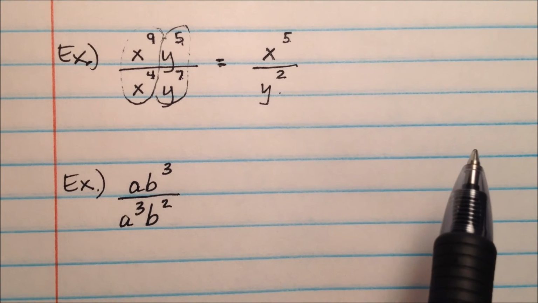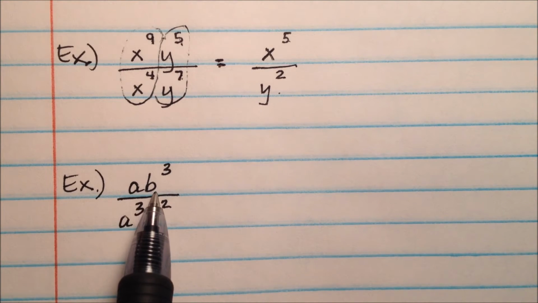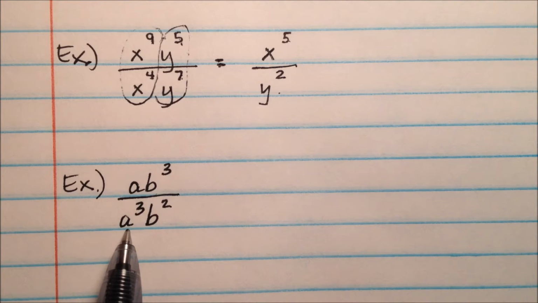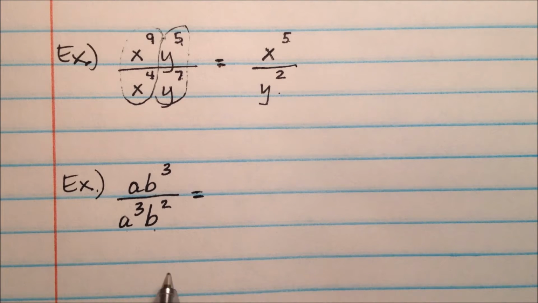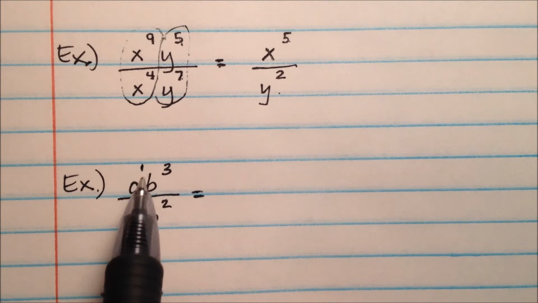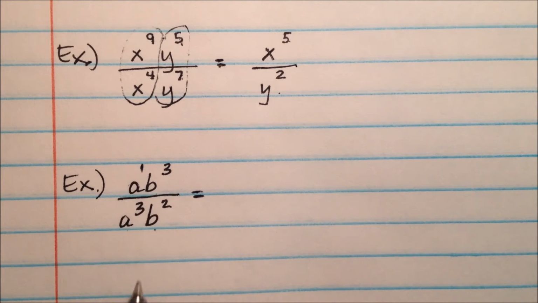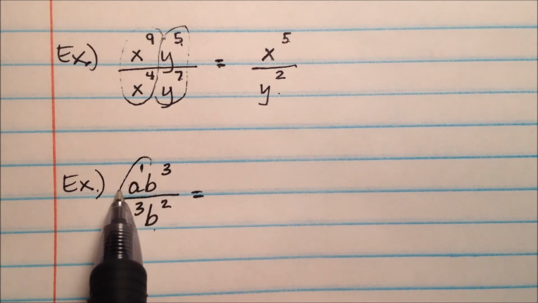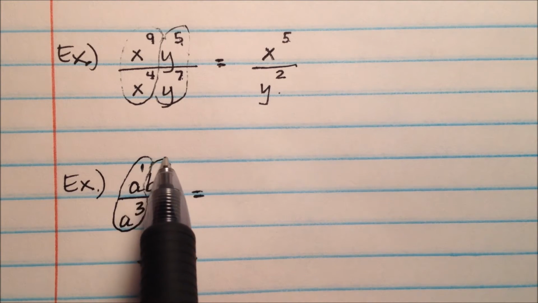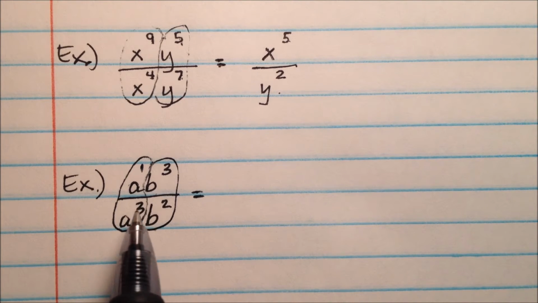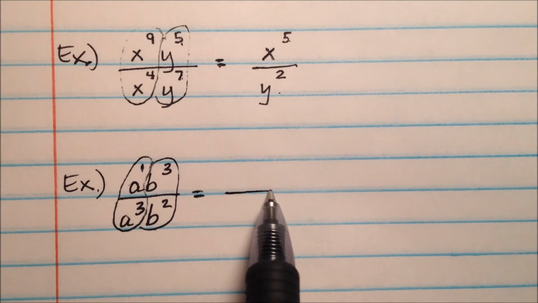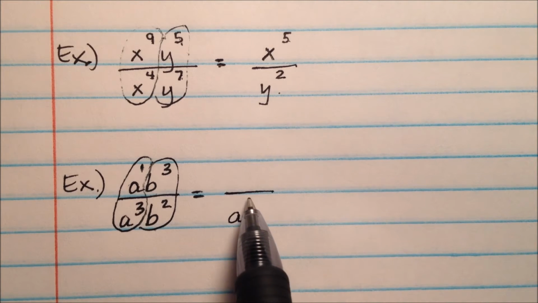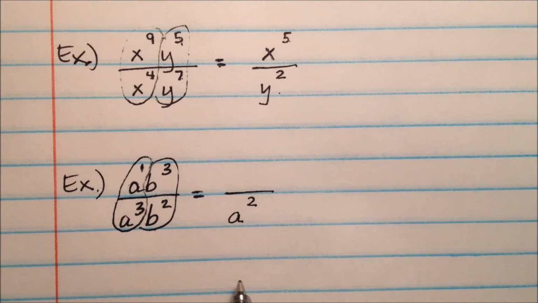So one final example is a b cubed divided by a cubed b squared. This is pretty similar to the last example we did, with the exception of, since this a doesn't have an exponent, we're going to put a 1 right there. So now let's deal with our a's first and our b's second. So a to the first over a cubed, well, 3 is bigger than 1, so we're going to say 3 minus 1, and that's going to go on bottom, a squared. 3 minus 1 is 2.